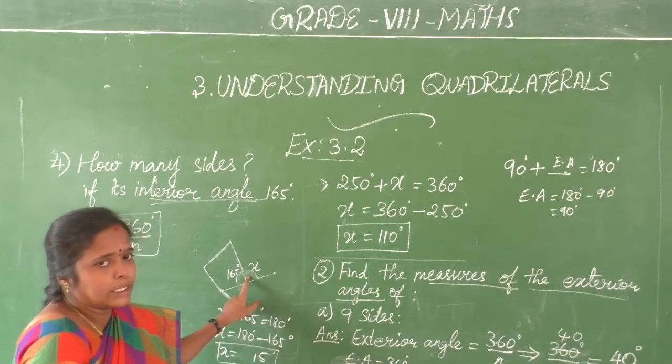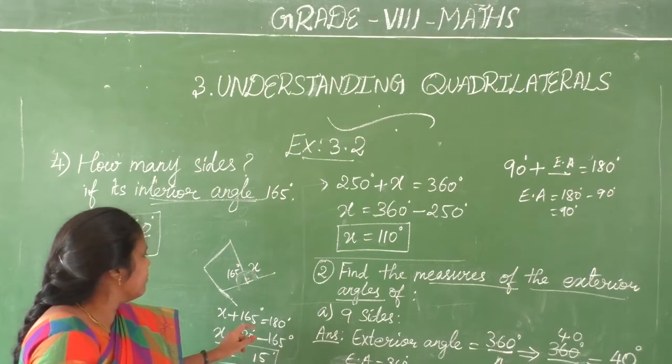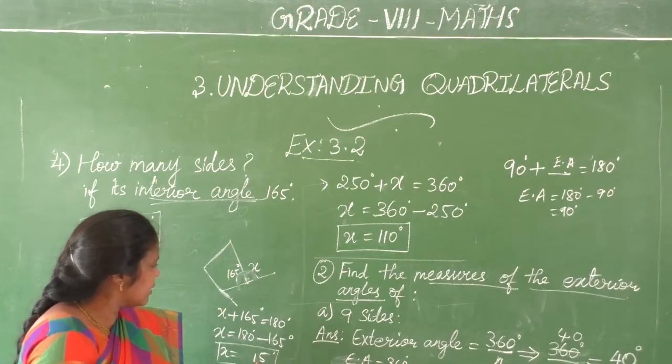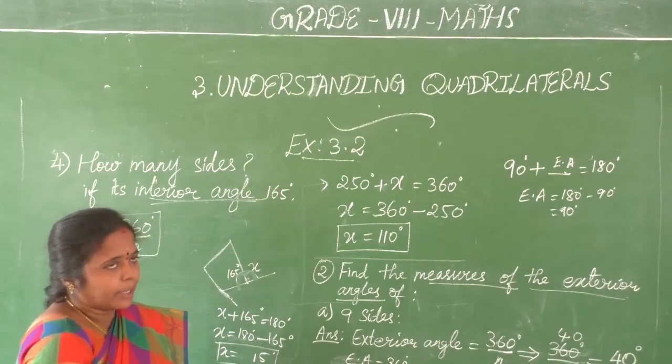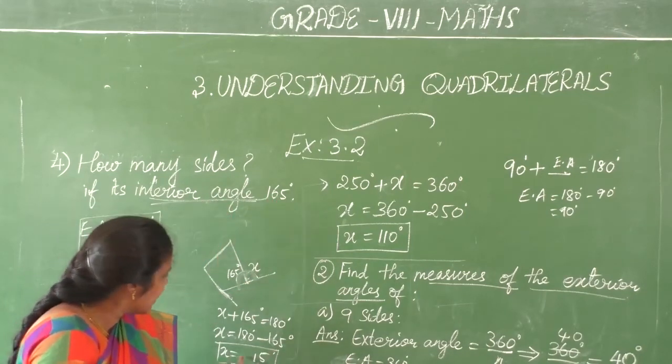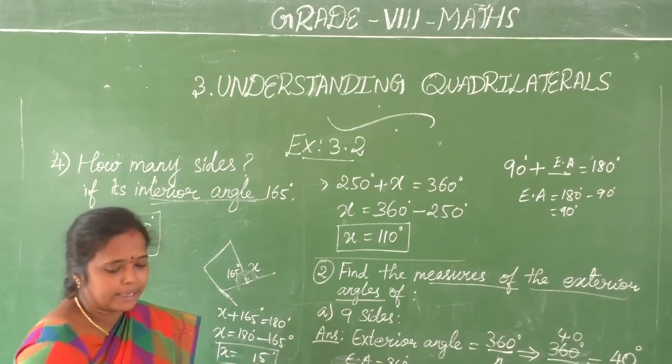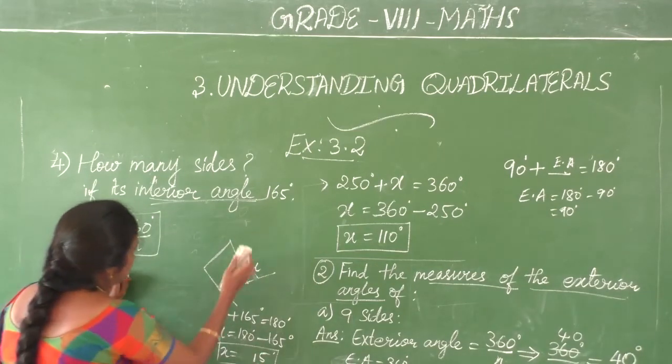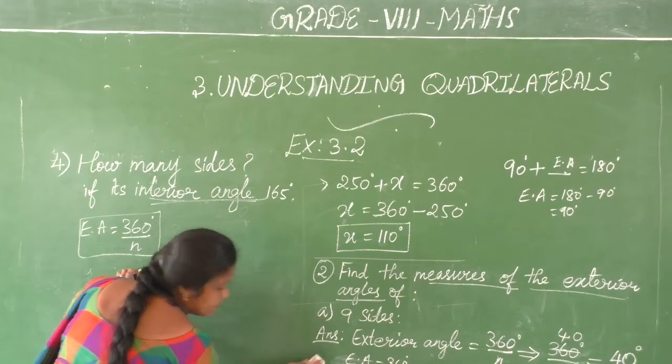This is a well-known result. So using that result, we can find the exterior angle when the interior angle is given. For a 165 degree interior angle, the corresponding exterior angle is 15 degrees.